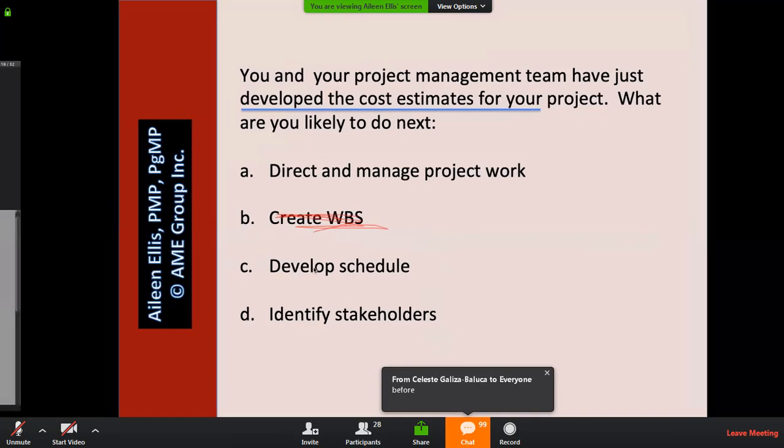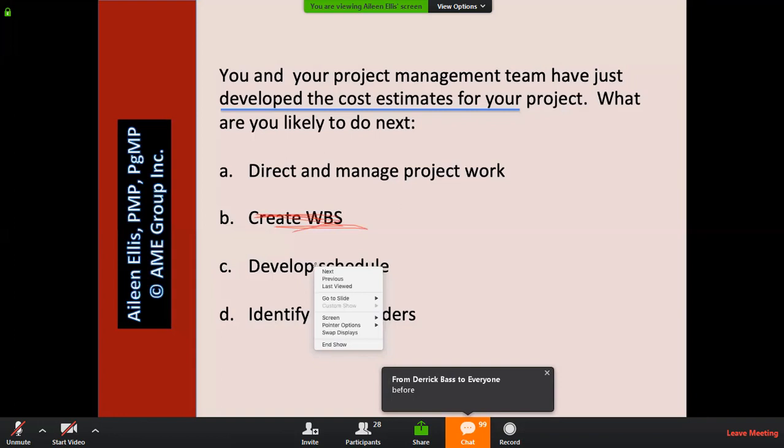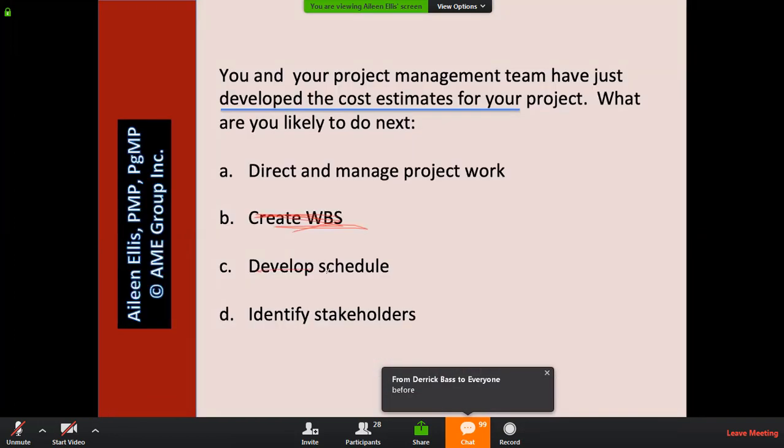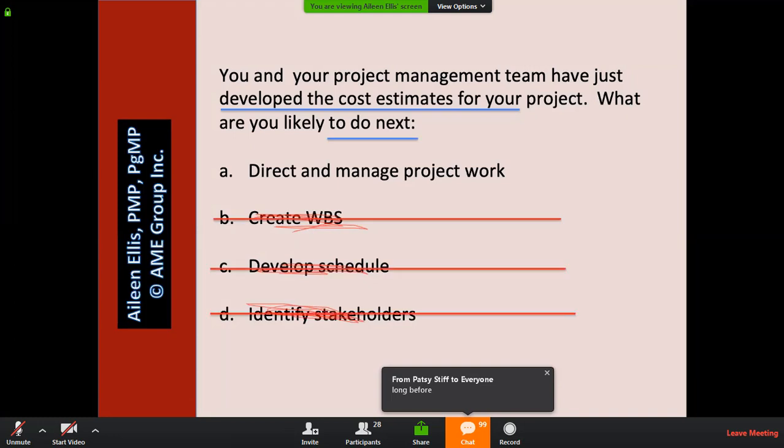That occurs before. What about identify stakeholders? That occurs before. So would you agree the only answer that occurs after estimate costs is direct and manage project work?